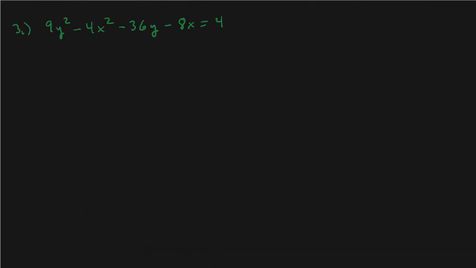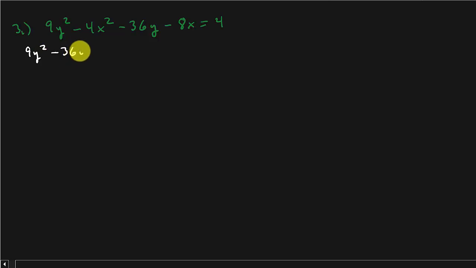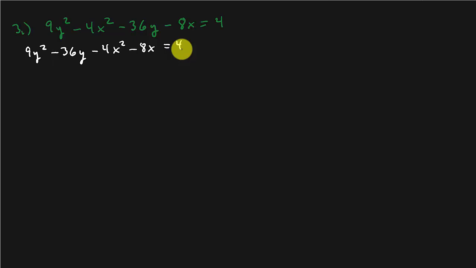This one kind of looks weird like one of the other ones we worked, but we know what to do here. We complete the square. So what I'm going to do here is I'm going to group the y terms together and the x terms together, and that equals 4. And so what do you think we're going to have to do? We're going to have to complete the square, aren't we?